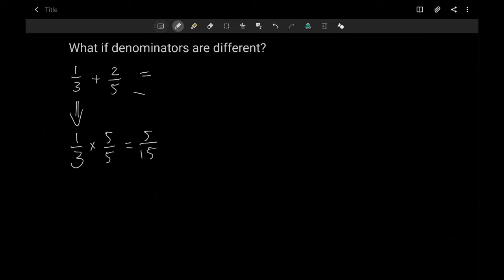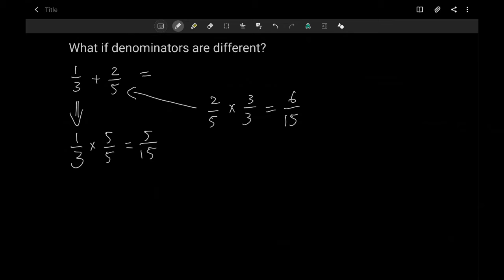Similarly, we need to multiply the second fraction, in this case 2/5. We need to multiply that by the opposite denominator, which is 3/3. So that would give us 6/15.